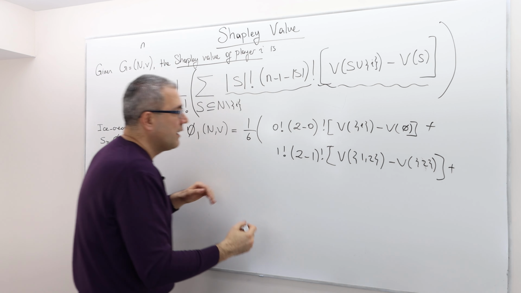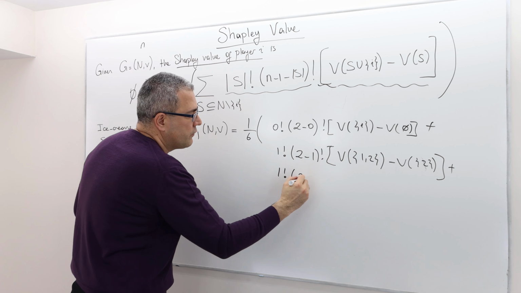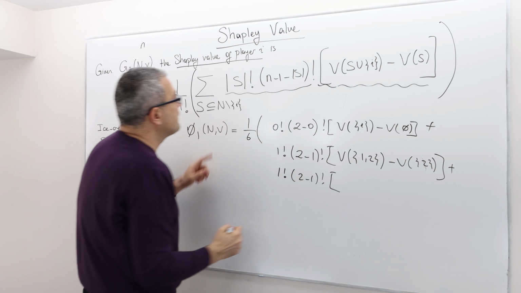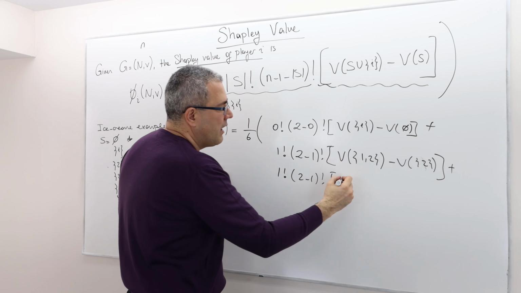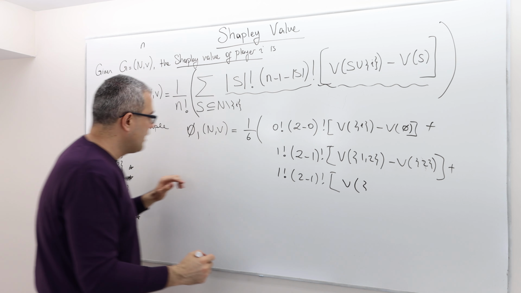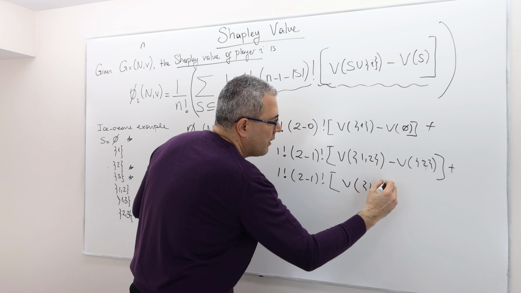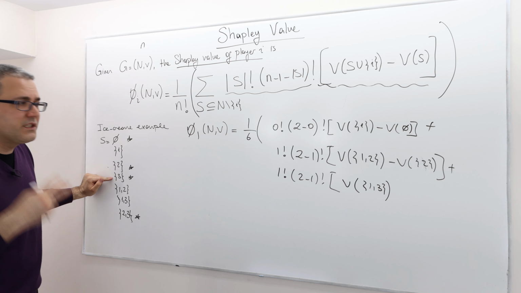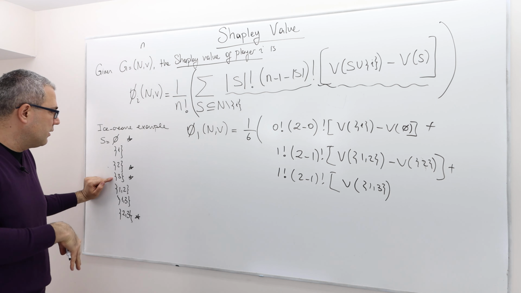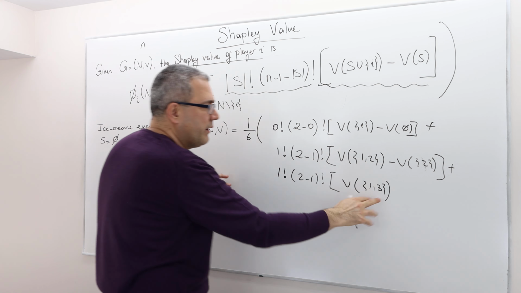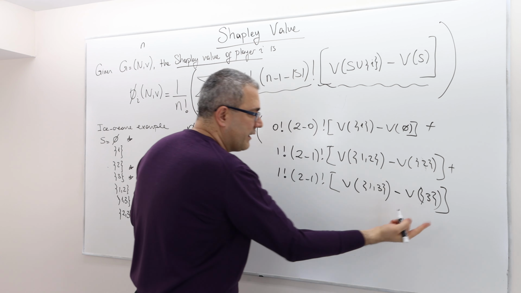Plus, I do the same thing for the other S. 1 factorial, 2 minus 1 factorial, because the number of players in S is still 1, so I just copy this part. V of, however, this time, it's not 1, 2 but 1, 3, because remember, the coalition is 3. Only player 3 is in the coalition, so I include player 1 into it, minus V of 3, whatever that difference is.